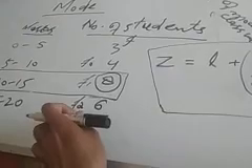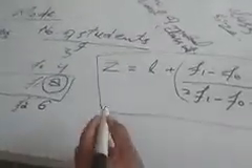So F2 is 6. Now I will substitute these values in this formula.